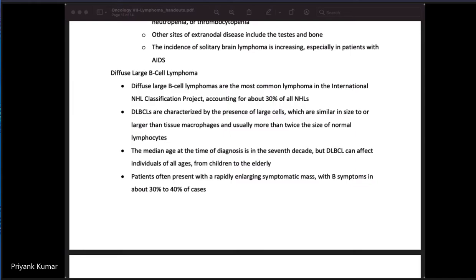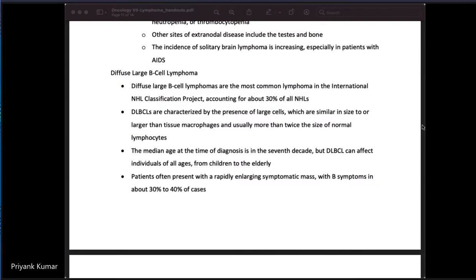It's called CAR T-cell therapy. So let me write it here. CAR therapy. What happens in this type of therapy is T cells are harvested from the patient's peripheral blood and then genetically modified ex vivo, meaning outside the body, by retroviral transduction.